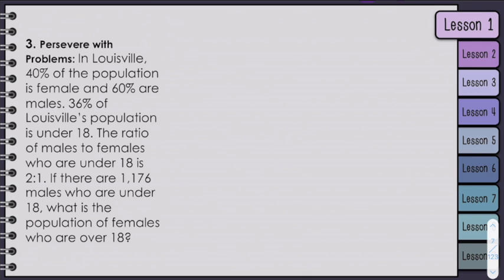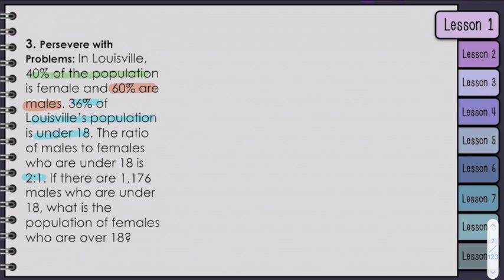Okay, so in Louisville, 40% of the population is female, 60% are males, 36% of Louisville's population is under 18. The ratio of males to females who are under 18 is 2 to 1. If there are 1,176 males who are under 18, what is the population of females who are over 18?